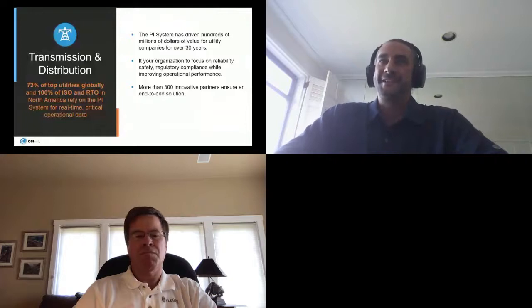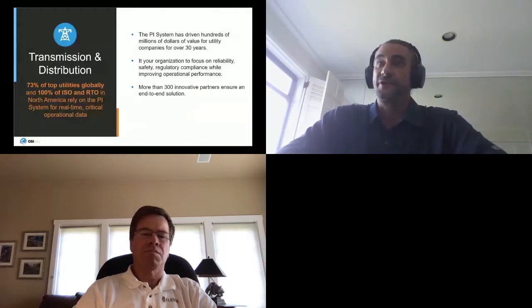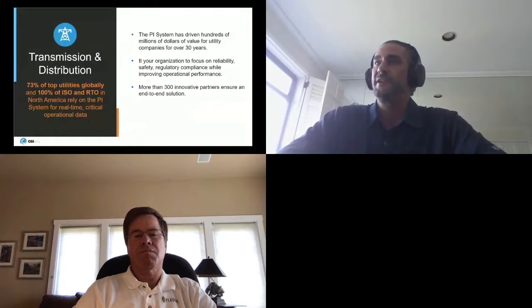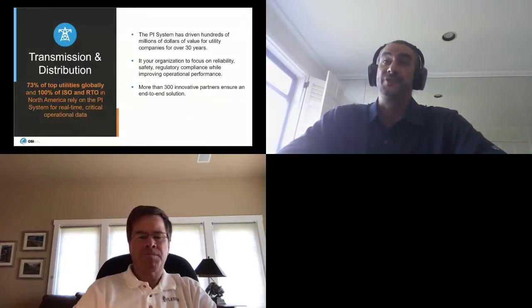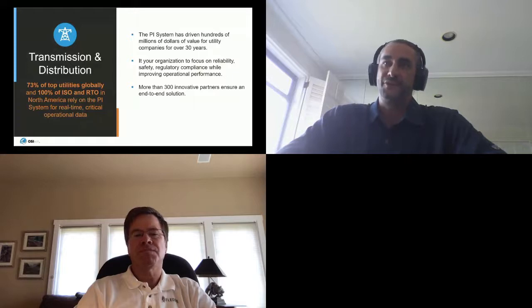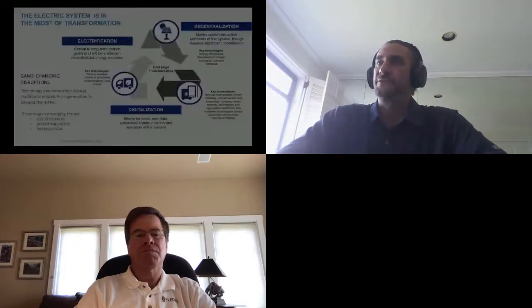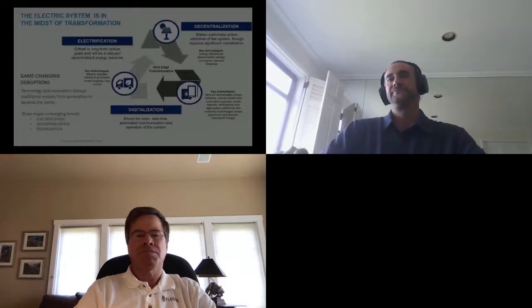The PI system has driven hundreds of millions of dollars of value for utility companies over 30 years. It enables your organization to focus on reliability, safety, regulatory compliance, while improving operational performance, and provides an end-to-end solution with more than 300 innovative partners. The PI system is the tool of choice for leading utilities around the globe that want real-time data and analytics from all their operations. Next slide, please.